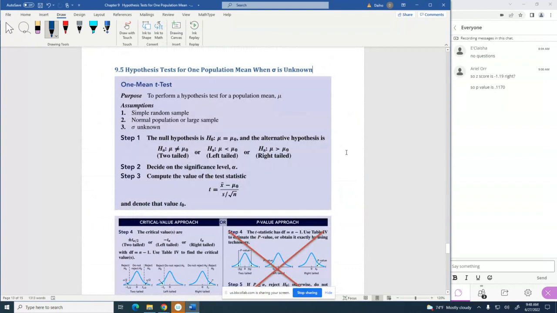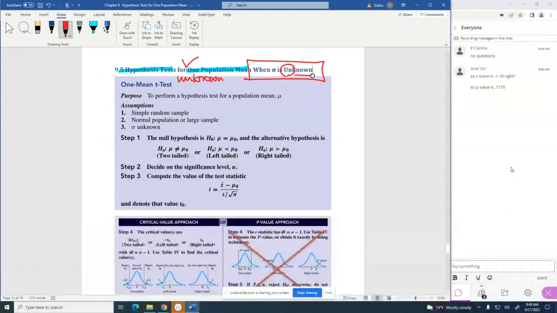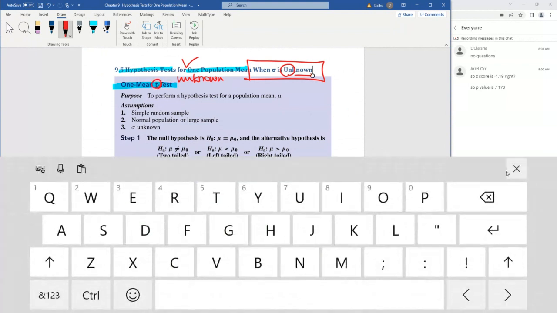Next section: hypothesis test for unknown. Please add unknown again, when sigma is unknown. So now we can name this one mean t-test.